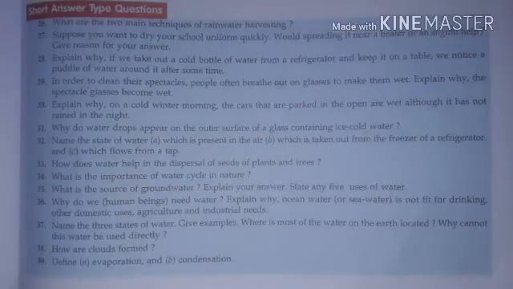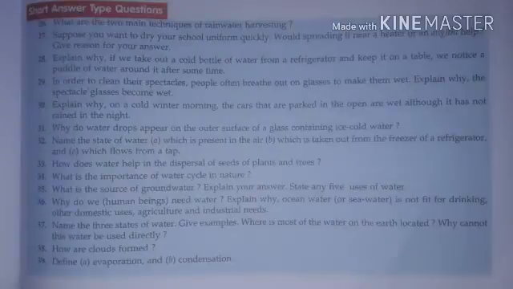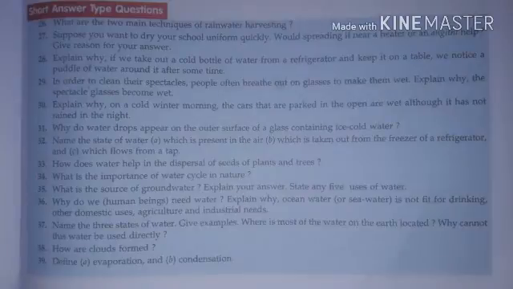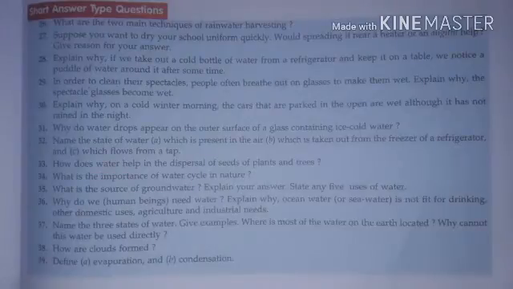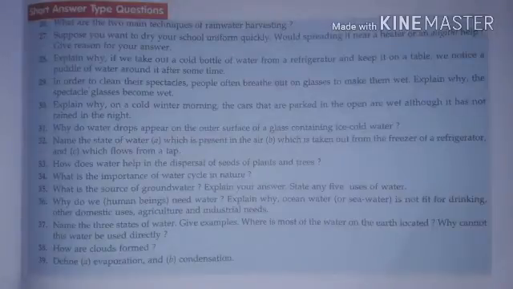Next question. What is the source of groundwater? Explain your answer. State any 5 uses of water. Right? So here the groundwater source is nothing but percolation tanks or check dams. Masonry drums, trenches, and water harvesting structures improve the groundwater level.